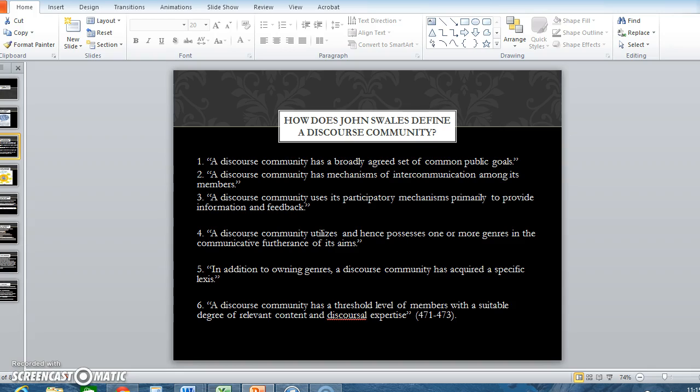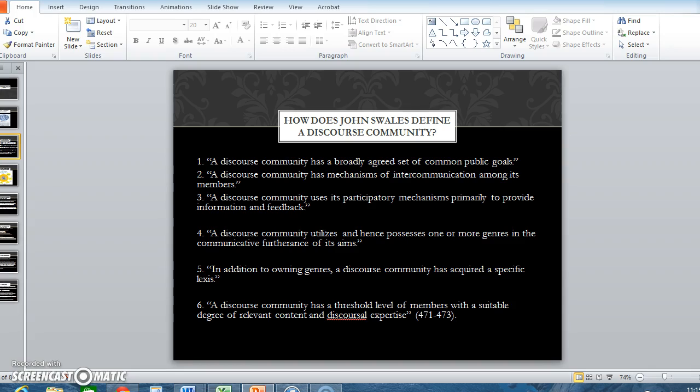So there's very particular types of words and different types of terminologies used that, unless you're a member of a certain discourse community, you may not understand what people are saying. And this is because discourse communities have very specific knowledge bases.